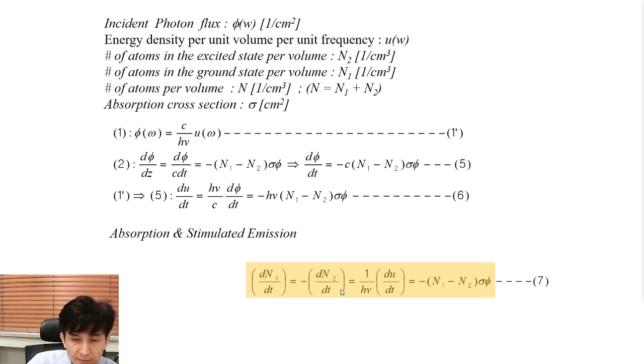So we have the variation of the ground state or the excited state atoms with respect to time with this new equation, equation 7.